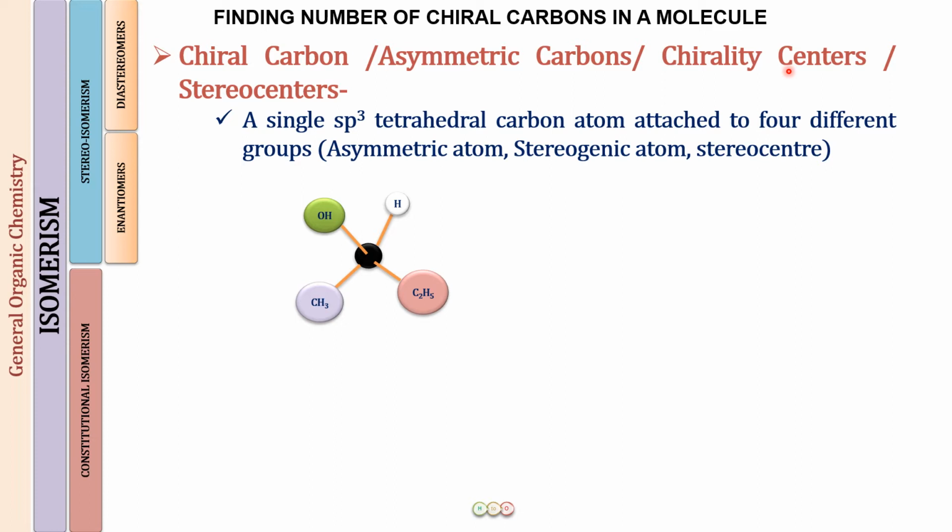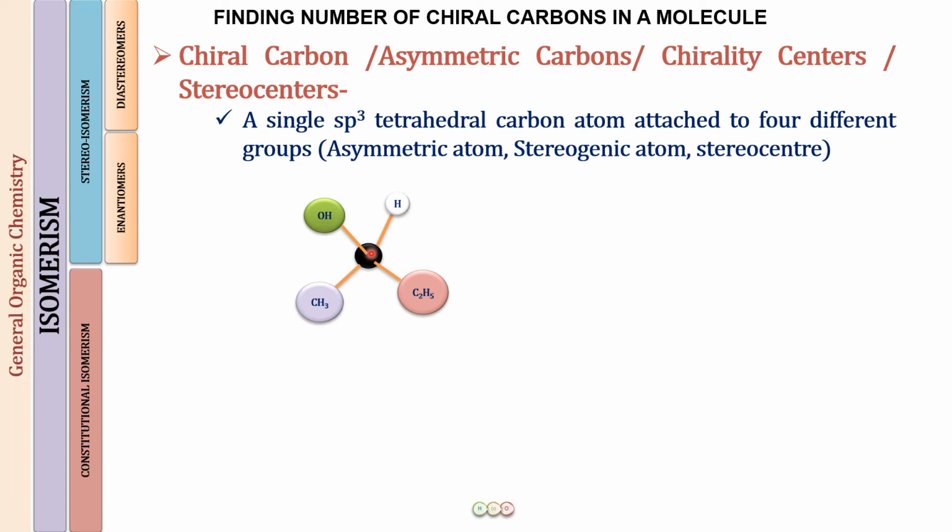Alright. Now one thing that you have to remember is that if in a molecule only one chirality center is present, this molecule is going to be 100% chiral. But in case we have more than one chirality center in the molecule, that molecule may or may not be chiral.